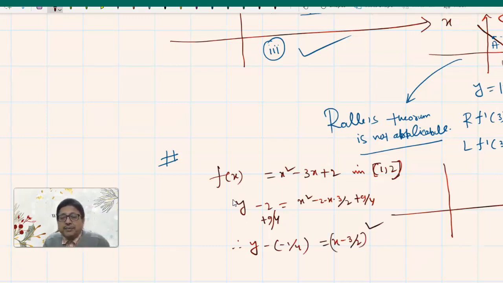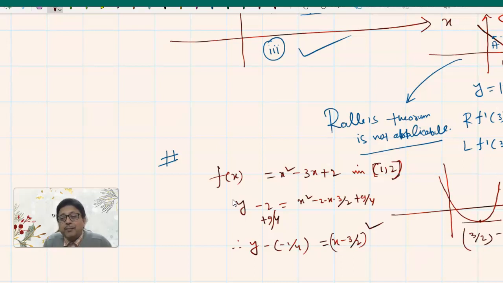So the vertex is going to be (3 by 2, minus 1 by 4) and the parabola opens upward. Then you will say that I can get a horizontal chord between 2 points, so I will get at least one point where the tangent is parallel. For a parabola, it's a known curve. At this point, if you draw the tangent, it must be parallel to the x-axis.